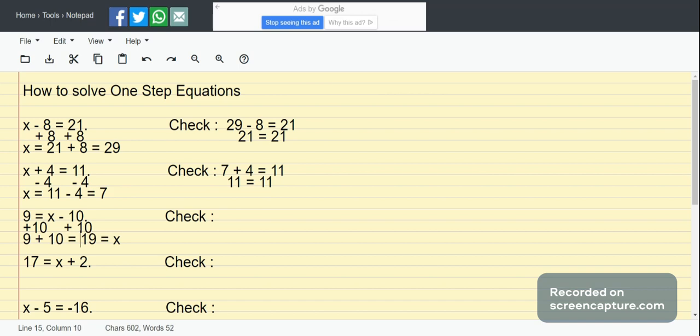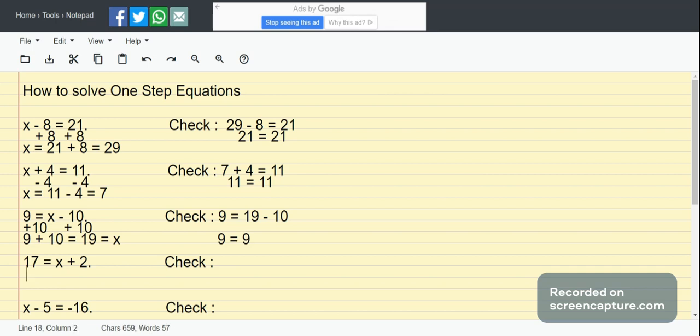To check if 19 is the correct answer, you substitute the 19 into x. See if it's correct. Yes, this is true. 19 minus 10 equals 9. So 19 is the correct answer for this problem.